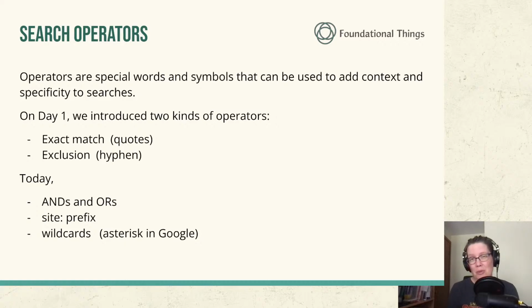Note that those are capitalized, capital AND, capital OR. We're going to look at a search operator called site. And the site prefix, we use that with another website. That is just a super powerful search operator, one of my favorites. And we're also going to look at the wildcard and see what that looks like with the Google search engine.